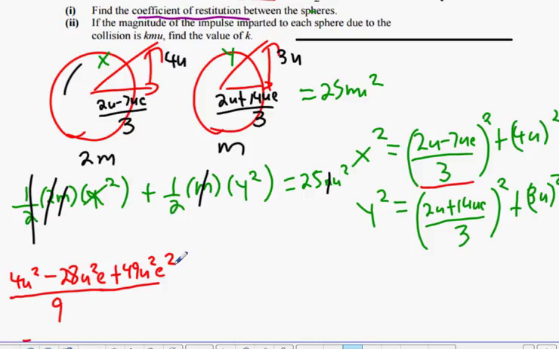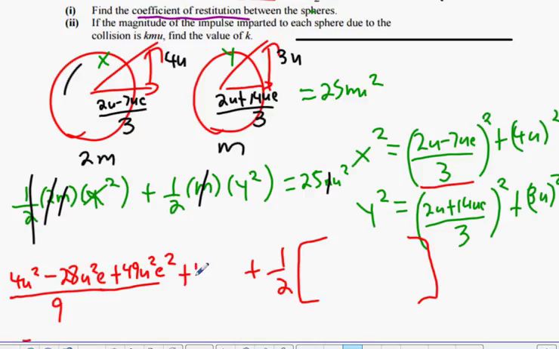Okay, next part. A half times whatever on God's green earth y squared is going to be. Square y squared out. What do we get in the bottom? Oh, I forgot something, didn't I? I forgot the 16u squared, didn't I?